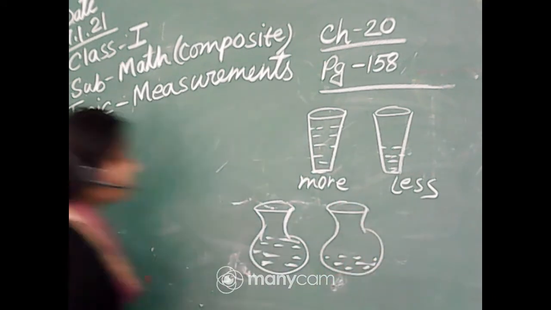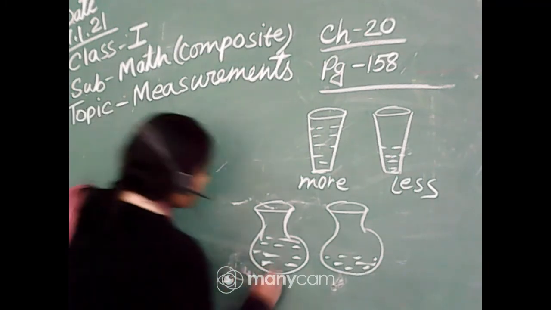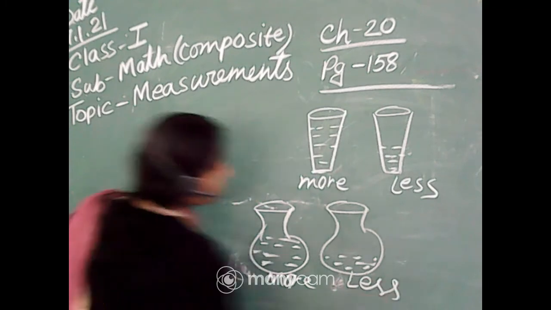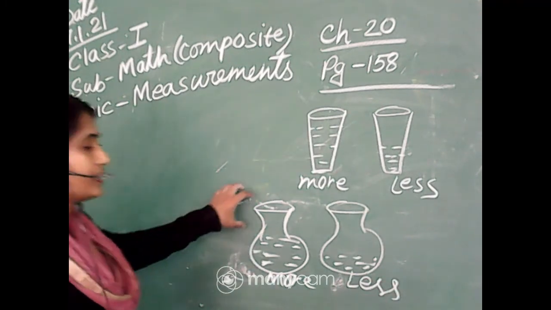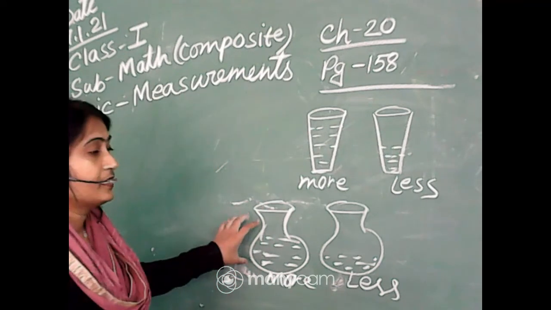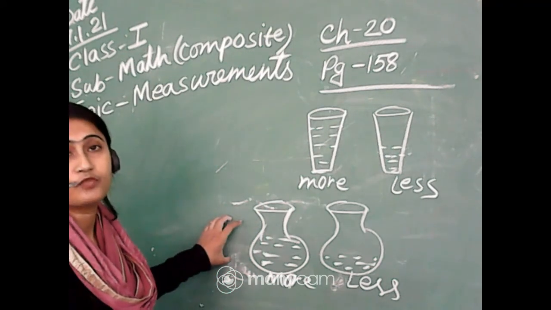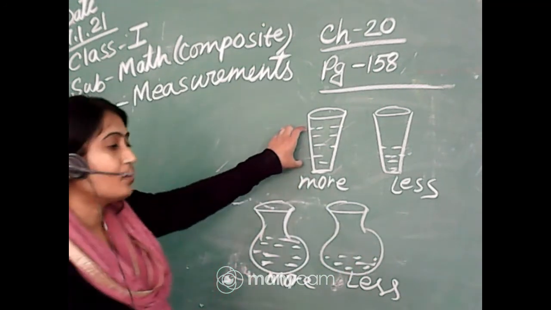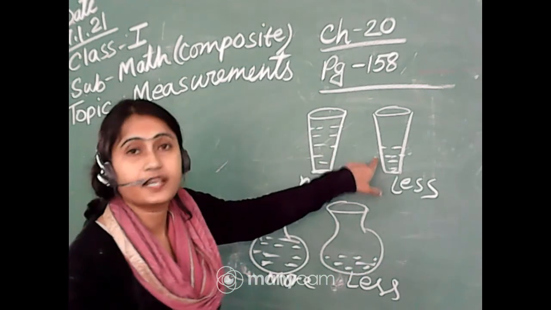Which is more and which is less? You can identify. This one has more liquid and this is less. This container has more water and this container has less water. This glass has more water and this glass has less water.